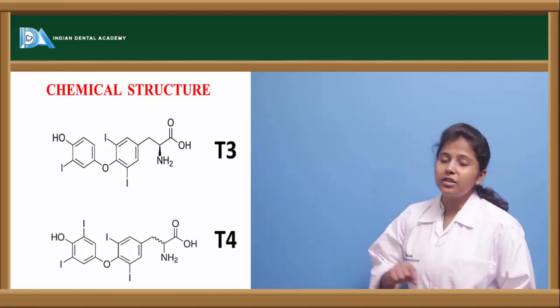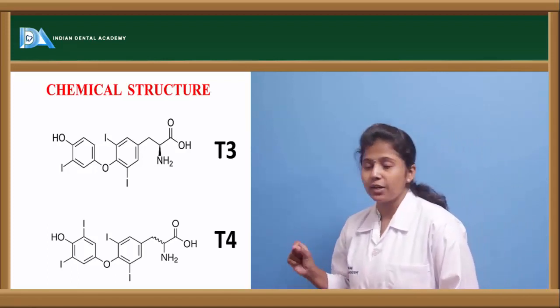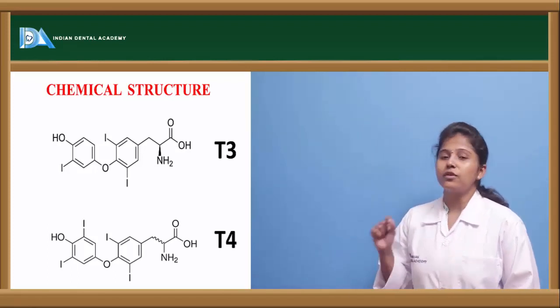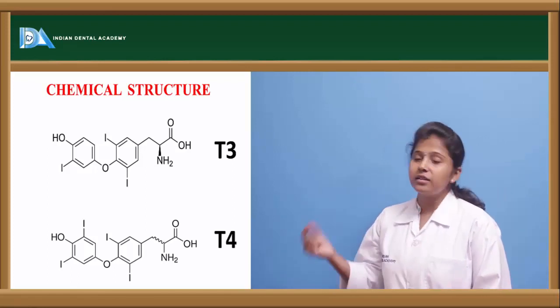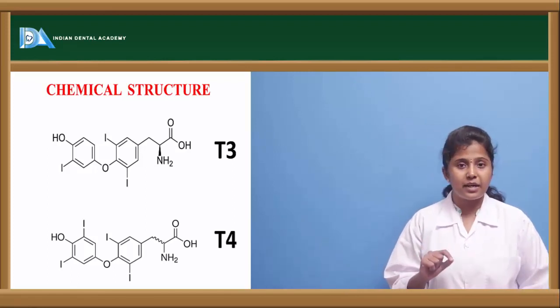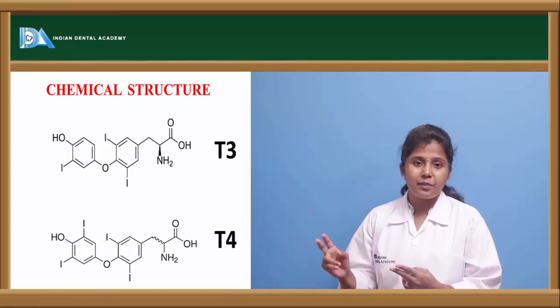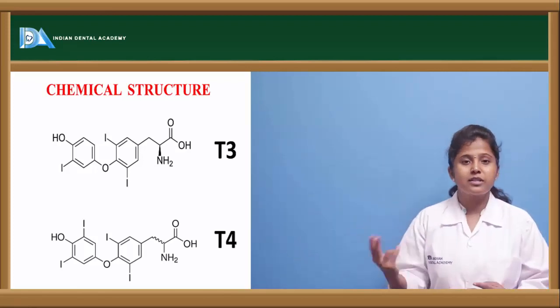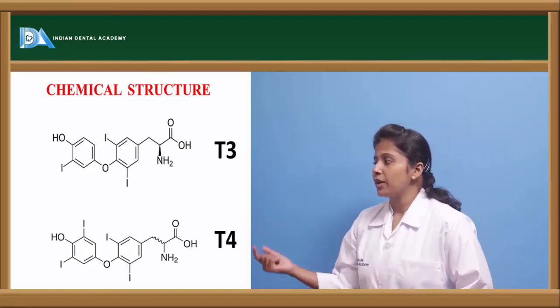T3 contains 3 iodine groups. If we see the structure, it contains iodines at the 3rd carbon atom and 5th carbon atom of one ring, as well as on the other ring at the 3' carbon atom. As it is present on the C3 carbon atom of 2 different rings, it is represented as 3,5,3'.